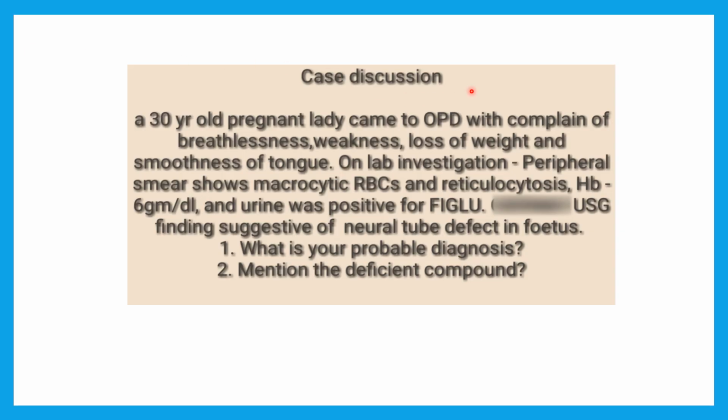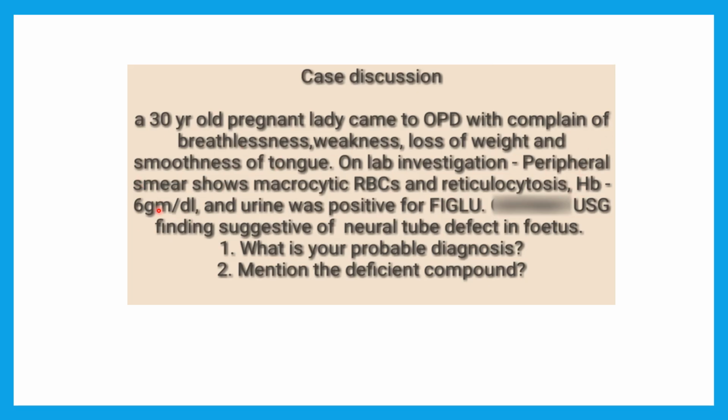There is a case. A 30-year-old pregnant lady came to the OPD with complaints of breathlessness, weakness, loss of weight, and smoothness of tongue. On lab investigation, the peripheral smear shows macrocytic RBCs and reticulocytosis. So you can better understand how it happens and when it happens.